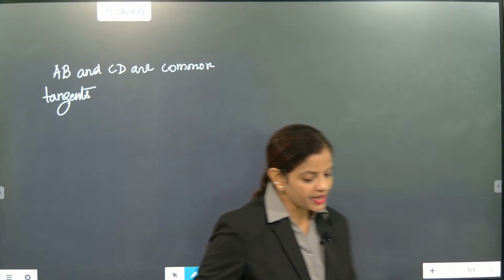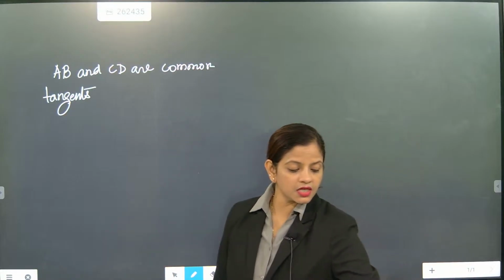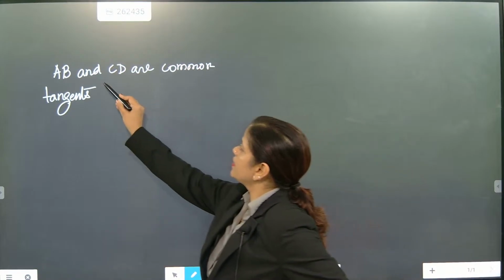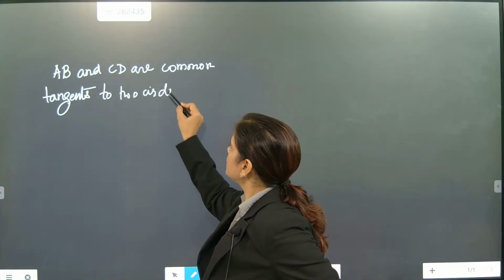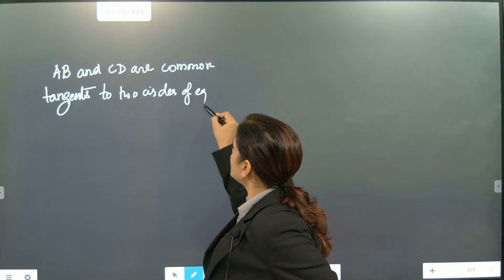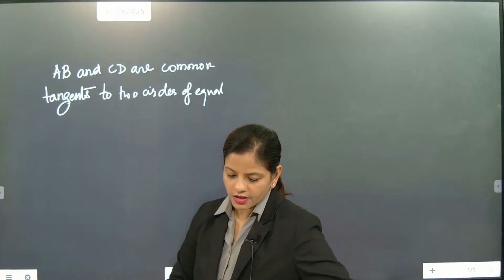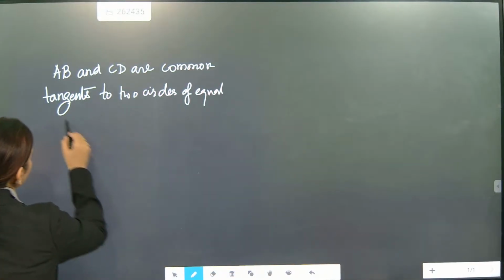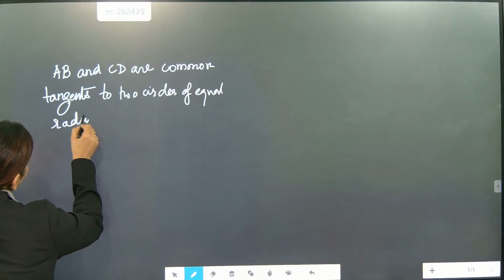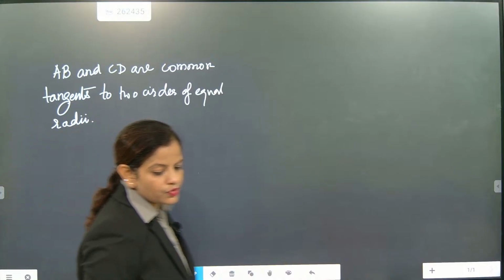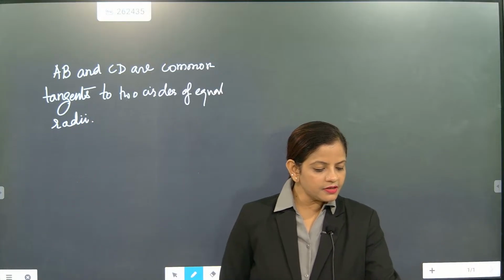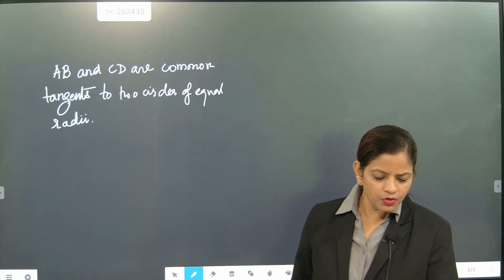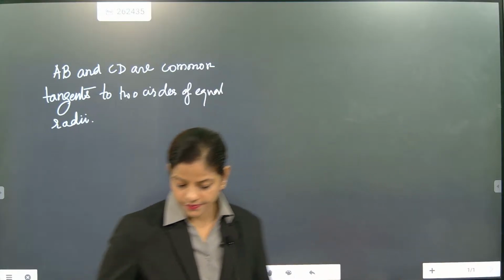They are common tangents to two circles of equal radii. After that, prove that AB is equal to CD.